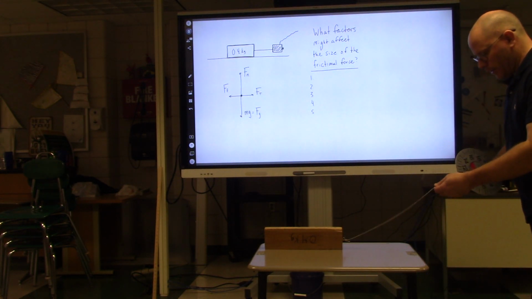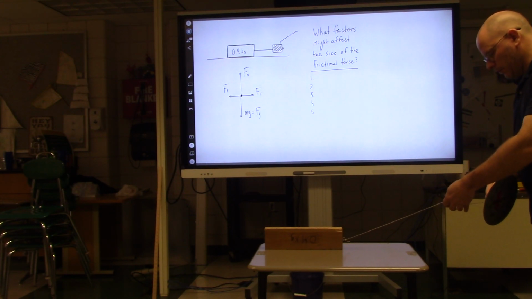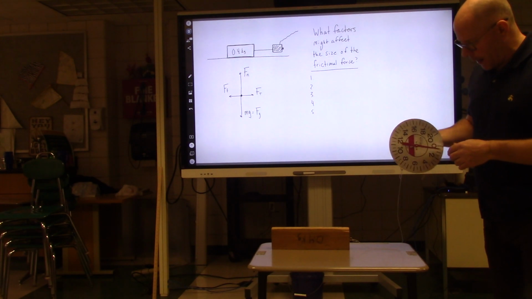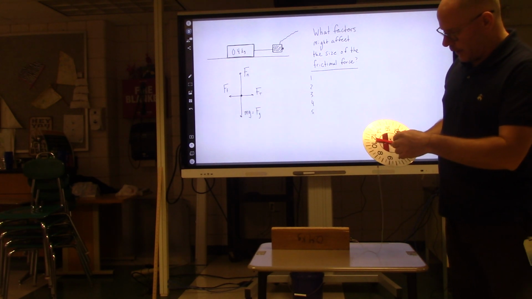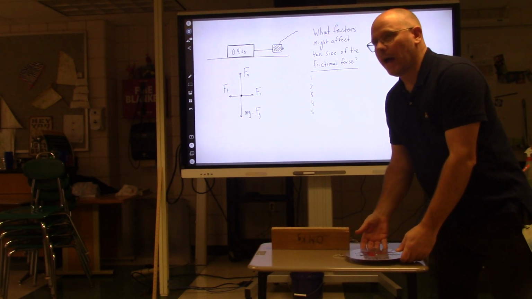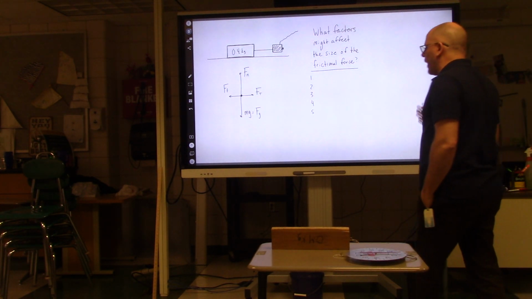If I just pull on this, I'm going to pull just until it starts moving, and you can see it takes about 1 Newton. Actually, it takes about a half a Newton because this is not exactly 0, but we'll let it go. There's a bunch of things that affect it. Well, we're going to brainstorm them right now.